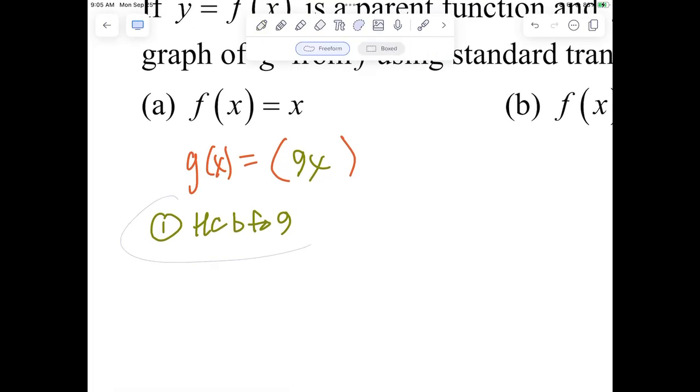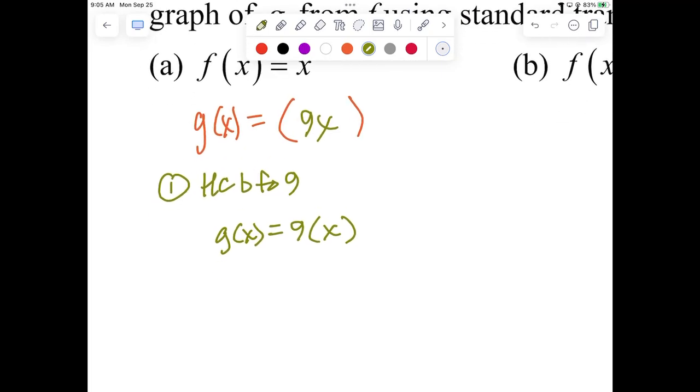But algebraically now I can manipulate this. I can bring the 9 outside of the parentheses without any problem, right? And that would make it a what? Now it's on the outside. Instead, it's an A value instead of a B value. Vertical stretch by a factor of 9.